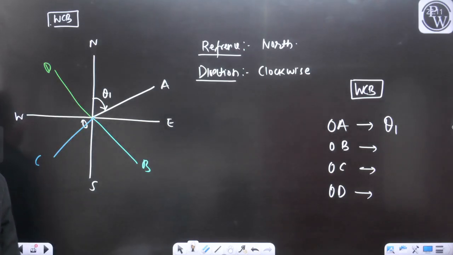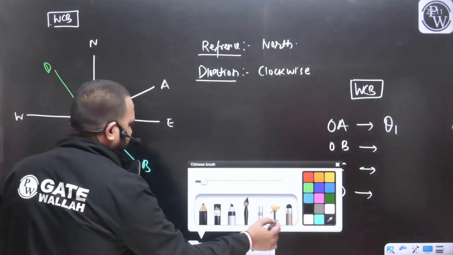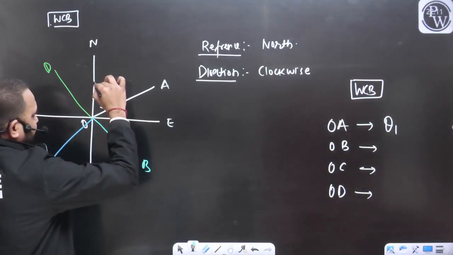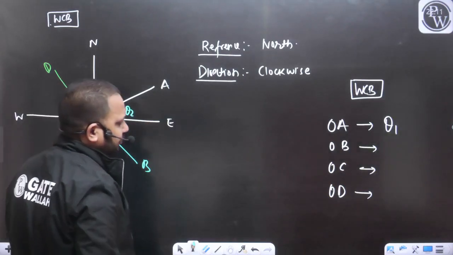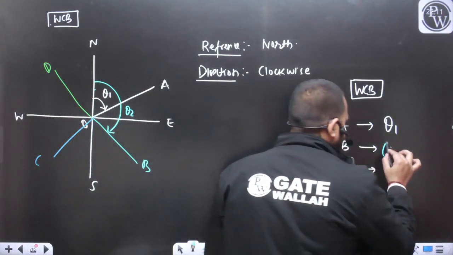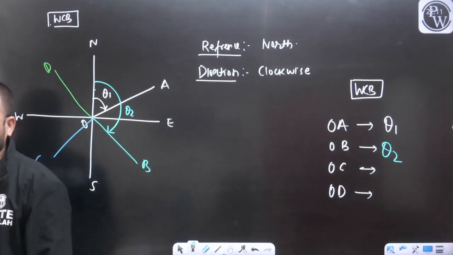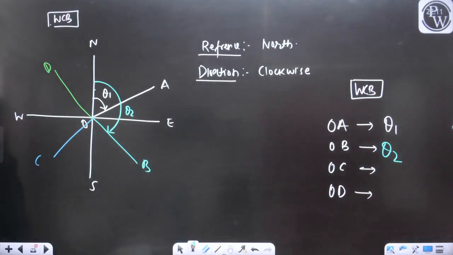Similarly, if we want to define the bearing of the line OB, we will measure the angle from the north in the clockwise direction. Let's say this angle is theta 2. Always the reference will be north and always the direction will be clockwise in the WCB system.